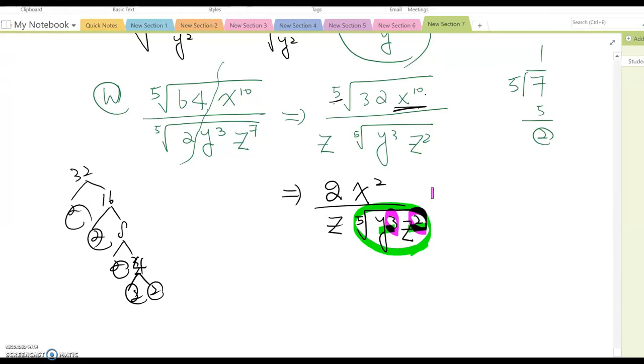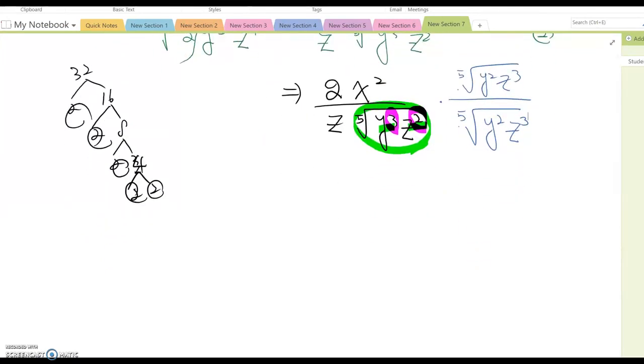Then how many y do we need more? Also, how many z do we need more in order to complete 5? If you think y squared z cubed, then that is correct. So you multiply the same thing on the numerator and denominator, then after simplifying this becomes 1, so nothing happened basically.